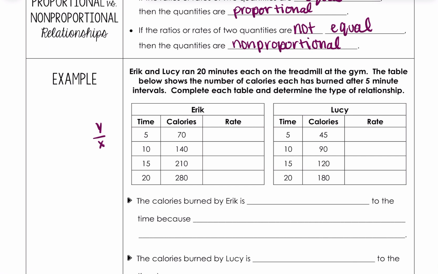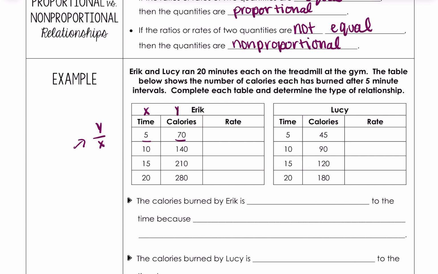Okay, so on the left side, you will always have your x coordinates. On the right side of a table, you will always have your y coordinates. So what we're doing here is we're just setting our numbers in this formula that I just gave you every single time to divide.